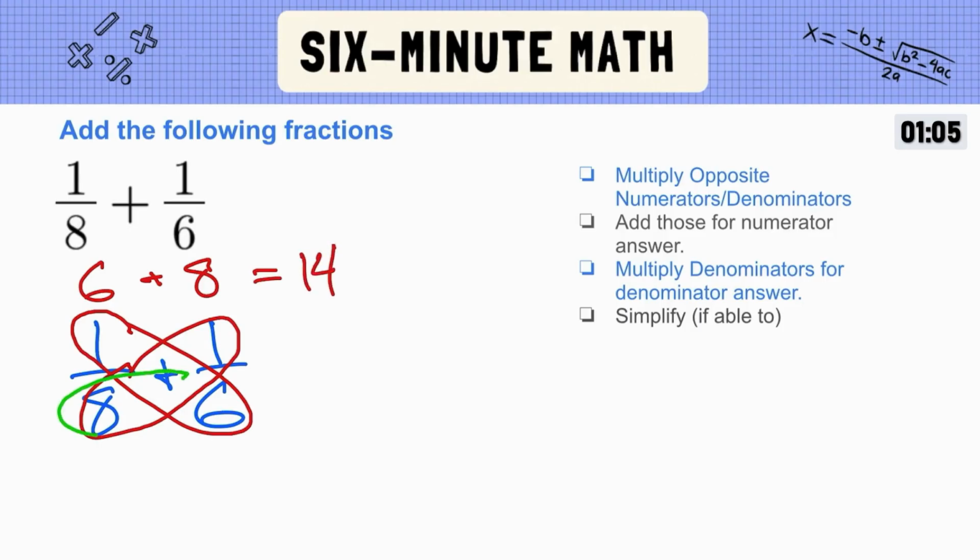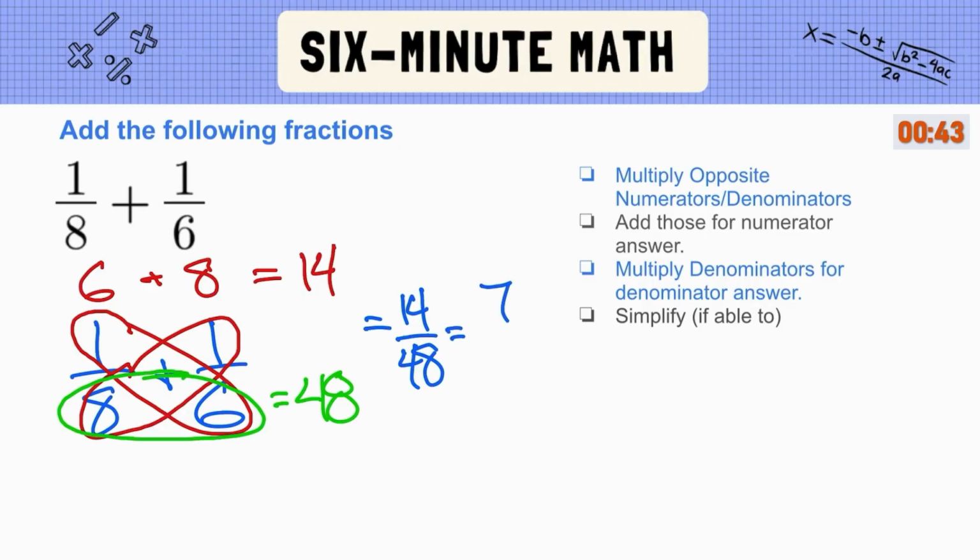And then I multiply my denominators together. 8 times 6 is 48. This gives me 14 over 48 as my first answer. But then my last step is to simplify if I'm able. Both of those are divisible by 2. So this is going to simplify to 7 over 24.